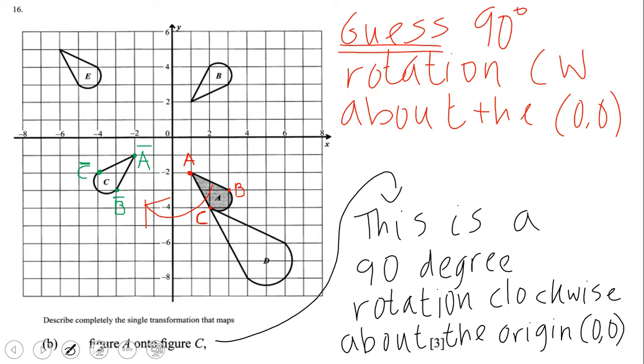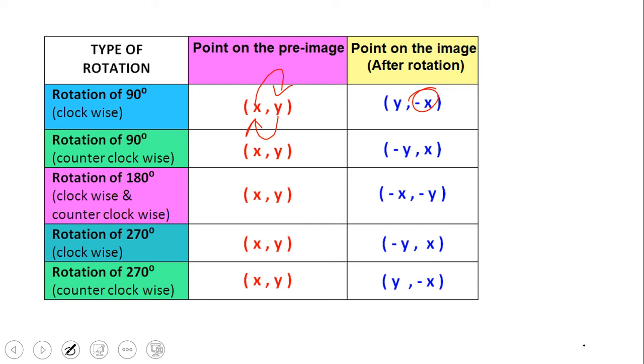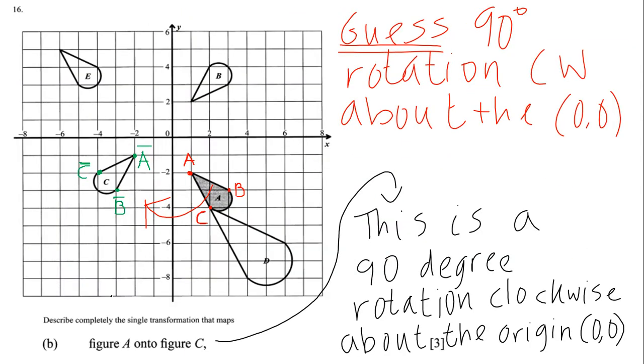But if you were to do it counterclockwise, would you still be able to get the same answer? Yeah, definitely. If we do counterclockwise, I think it's going to be 270, because it looks like we shift it one, two, three.